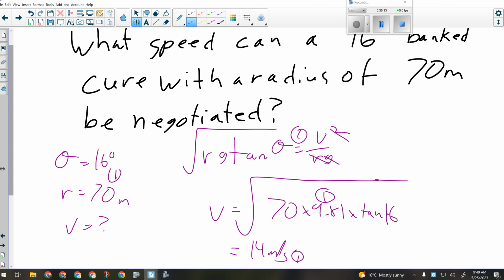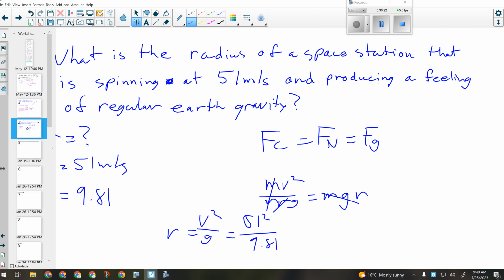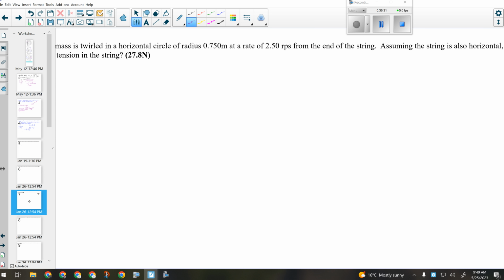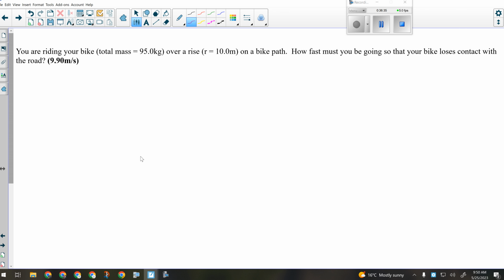Can we do a roller coaster question? Like a vertical loop? Yeah, vertical loop. Not that one. There you go. It's not a roller coaster, but it's a vertical circle.